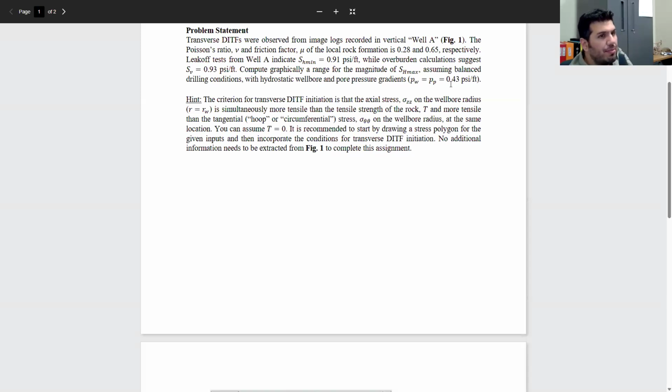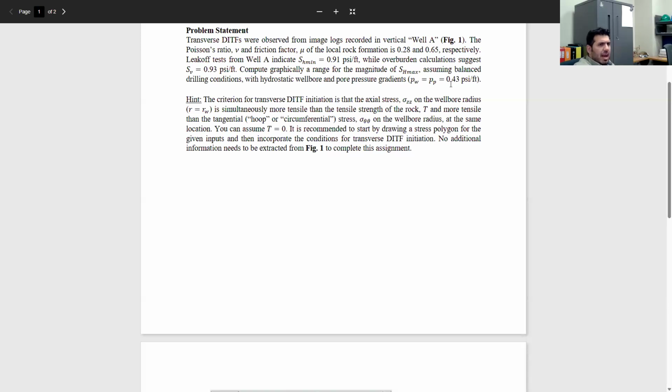Leak-off tests from well A indicate SH mean to be 0.91 psi per foot, while overburden calculations suggest SV is 0.93 psi per foot. Okay, notice 0.93, not 1 psi per foot. So very different, quite different. It can lead to different results.